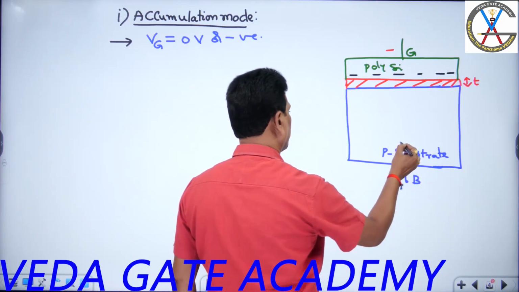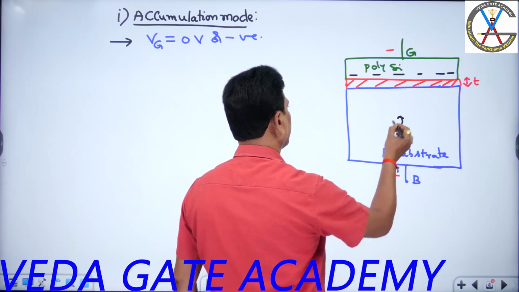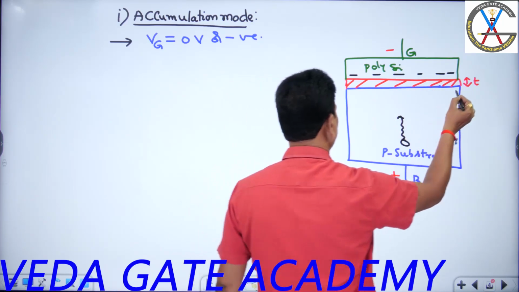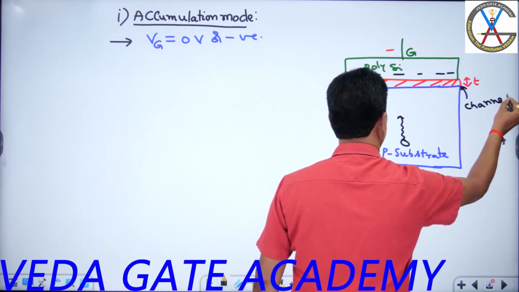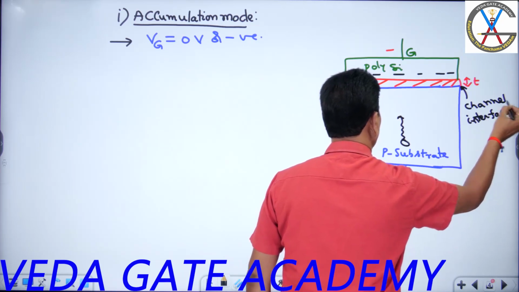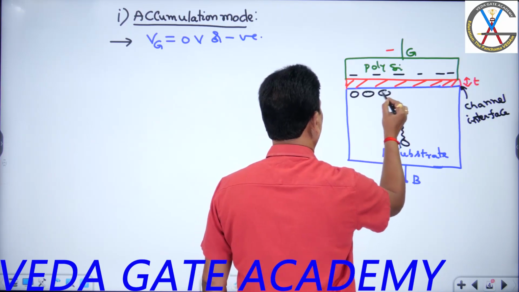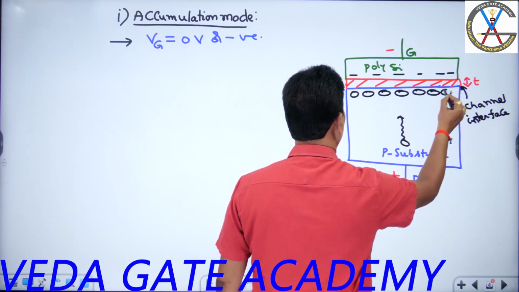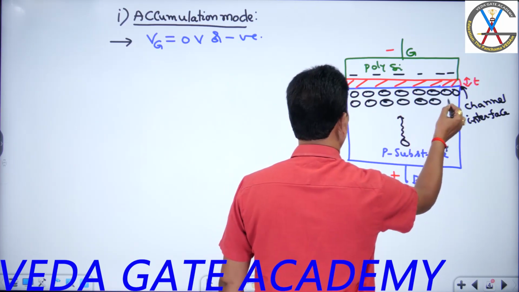So the holes of this substrate are attracted towards this negative charge surface and move towards this channel interface. This is the place of the channel interface. These holes move towards the channel interface, and they are accumulated, grouped together like this. This is called accumulation of holes.